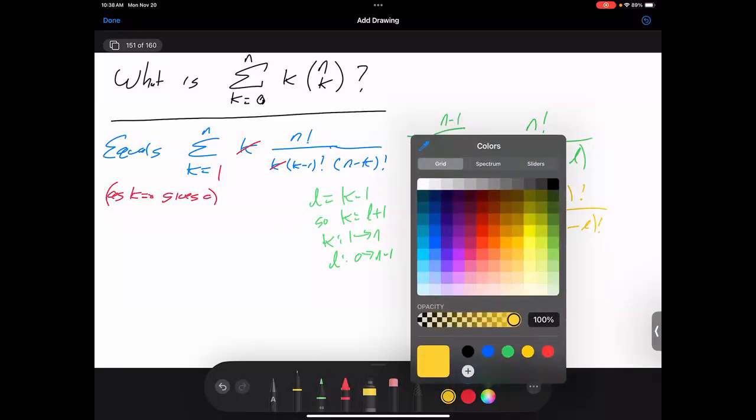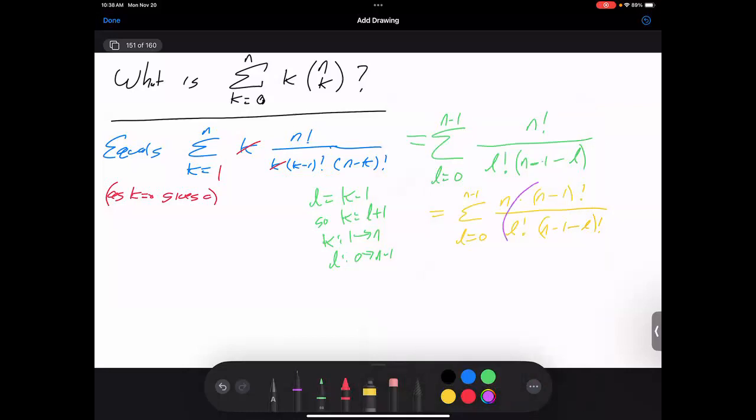And now, what can you tell me about this quantity over here? n minus 1 choose L. So this is now the sum, L goes from 0 to n minus 1.